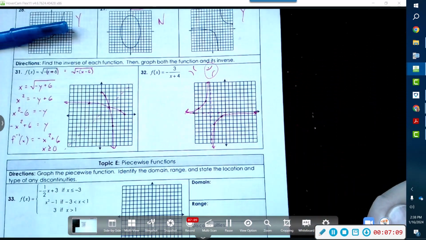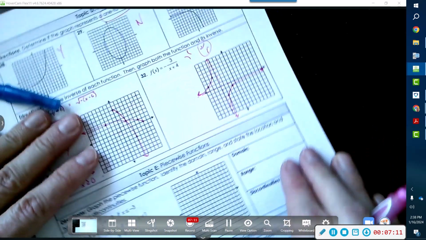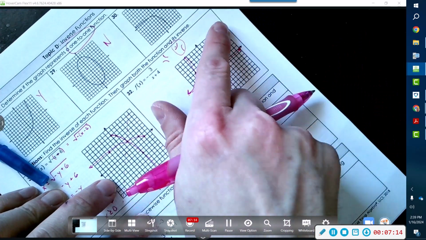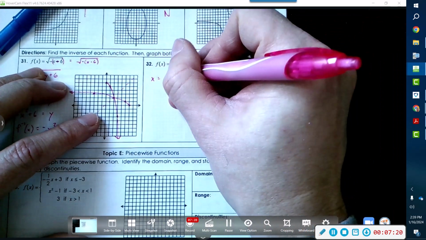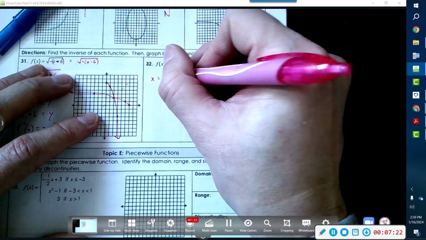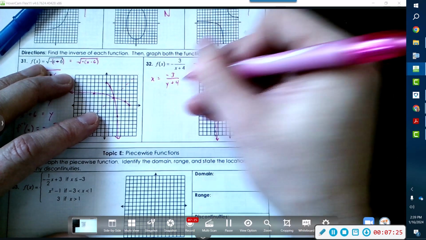All right. So now I need the reflection of this guy along here. So let's see what that looks like. We're going to have to do some algebra now. We can put x here, and I'm going to move that negative sign up to the 3.